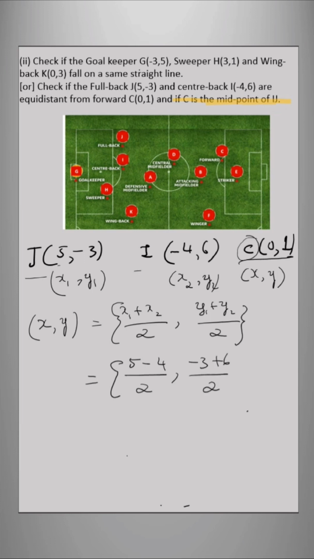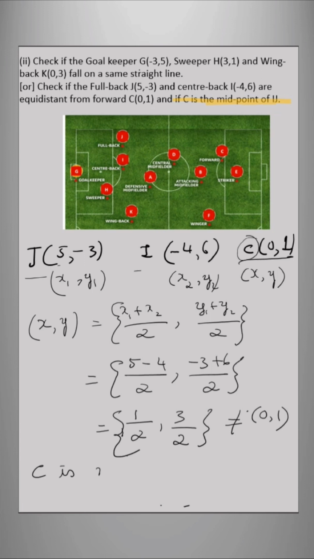This is 1 by 2, this is 3 by 2, which is not equal to (0, 1). So C is not the midpoint of I and J.